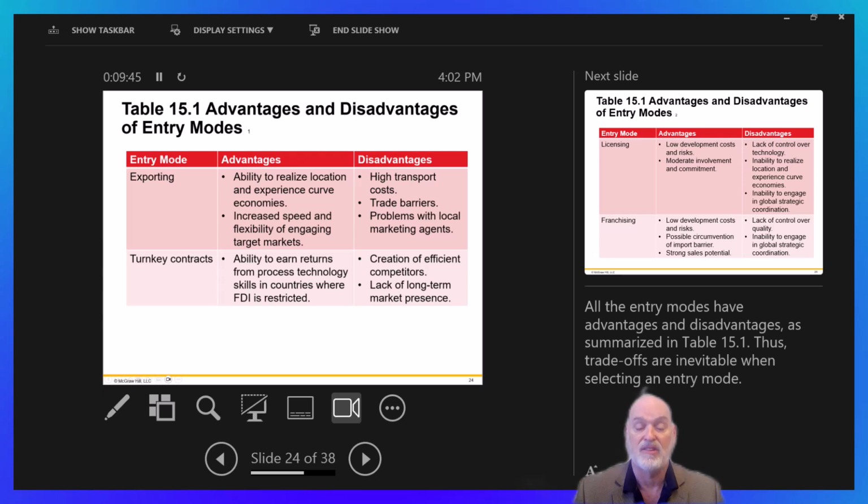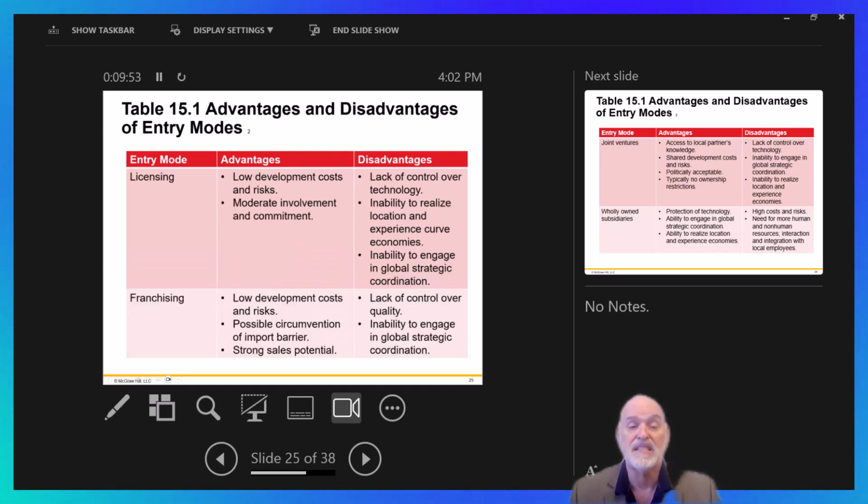The disadvantages for turnkey contracts: the creation of efficient competitors, and lack of long-term market presence. Licensing advantages: low development costs and risks, moderate involvement and commitment. And for franchising: low development costs and risks also, possible circumvention of import barriers, and strong sales potential.